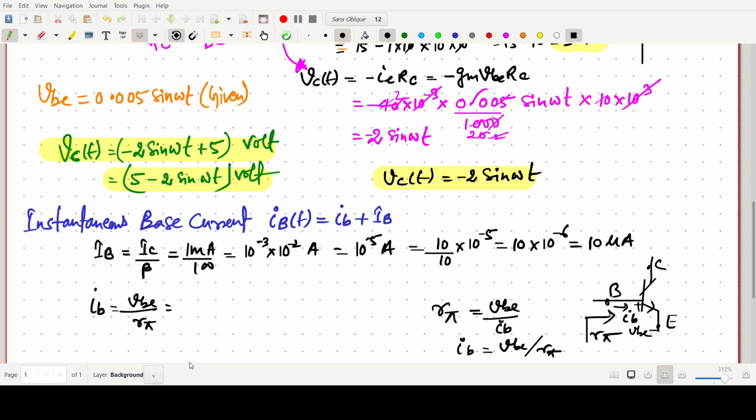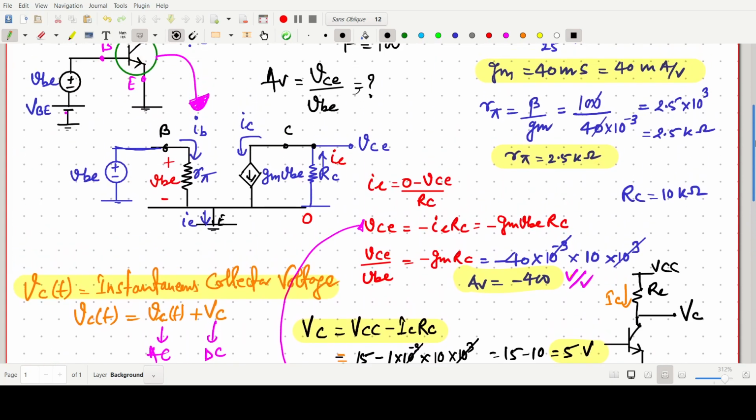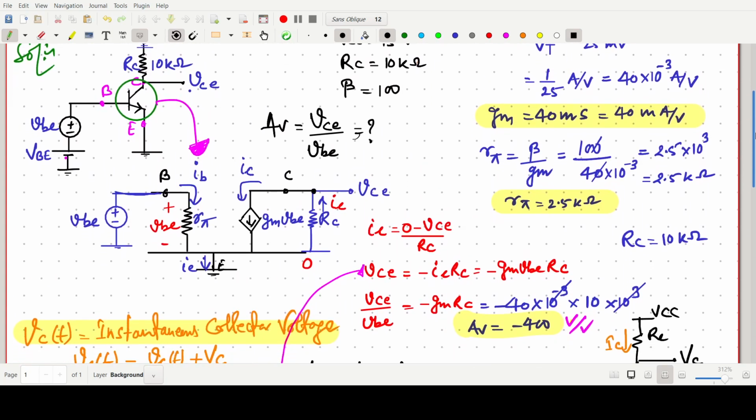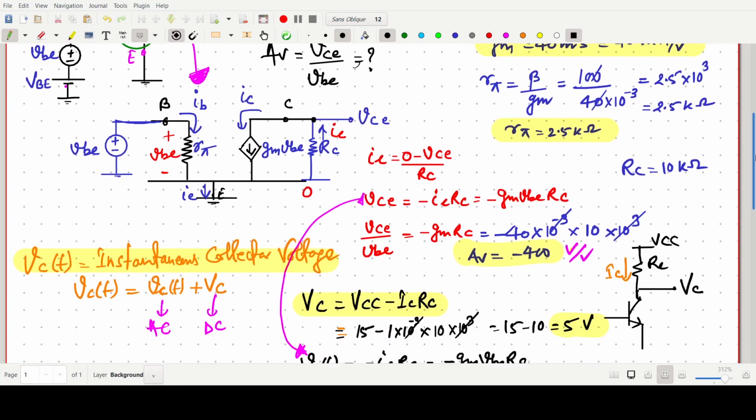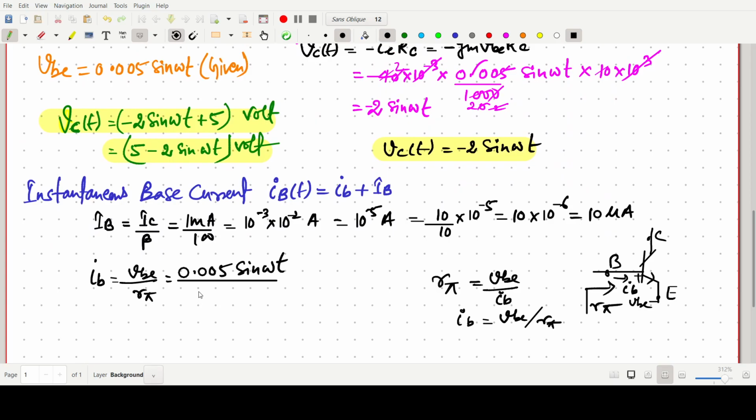Why are we writing in terms of VBE? Because VB is already given in the question. We have to take care, VB is given as 0.005 sine omega t. So I am writing in terms of VB, and r pi we have already calculated at the very start: r pi is 2.5 kilo ohm, beta by gm, so 2.5 times 10 to the power 3 ohm.